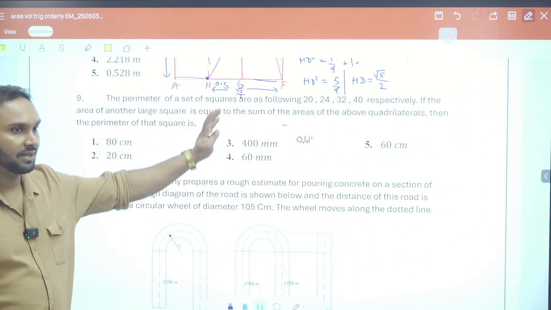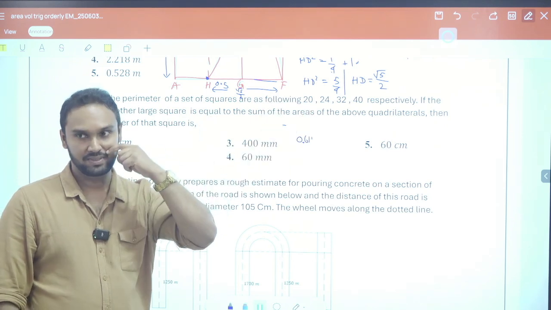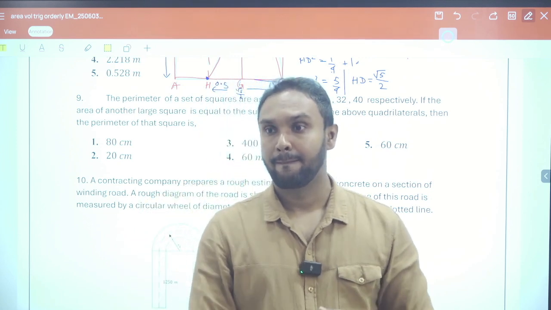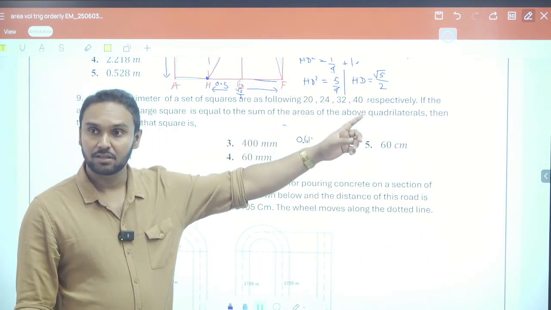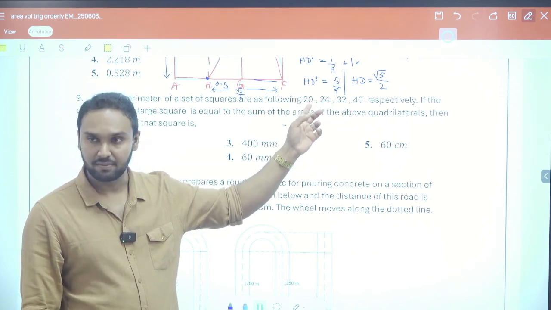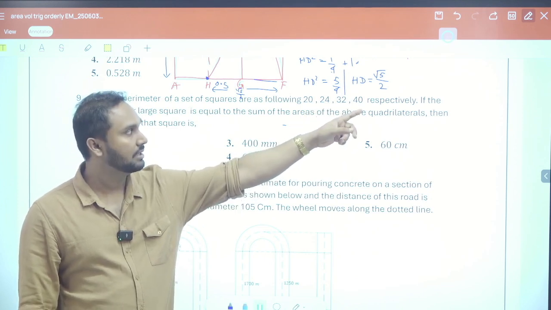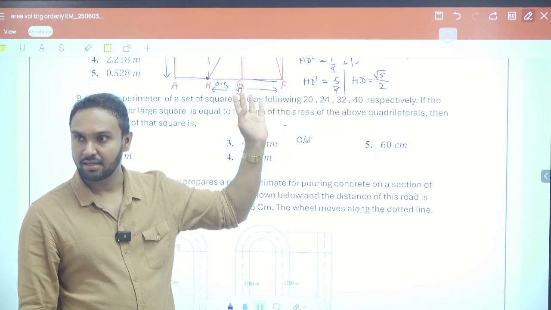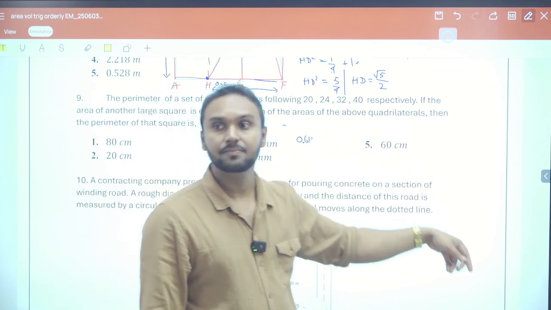First you have to find the side length of these ones. So that is a perimeter. Did you find the side length of each? You have to divide by 4. That is 5. This is 6. This is 8 and this is 10. Because these are perimeters. To find the area, you have to take the side length and find the areas.